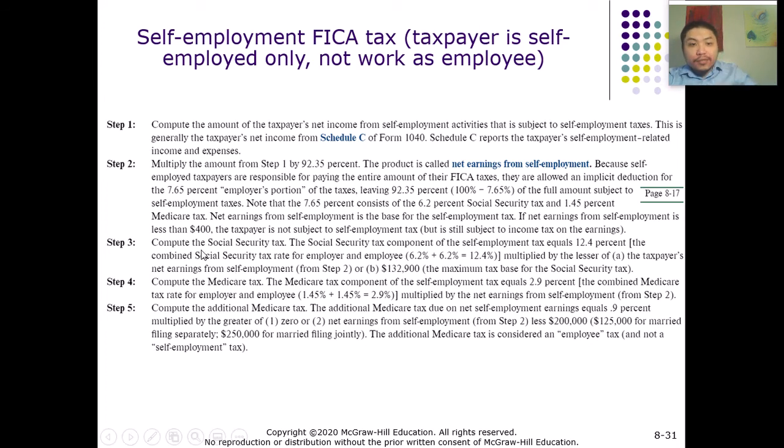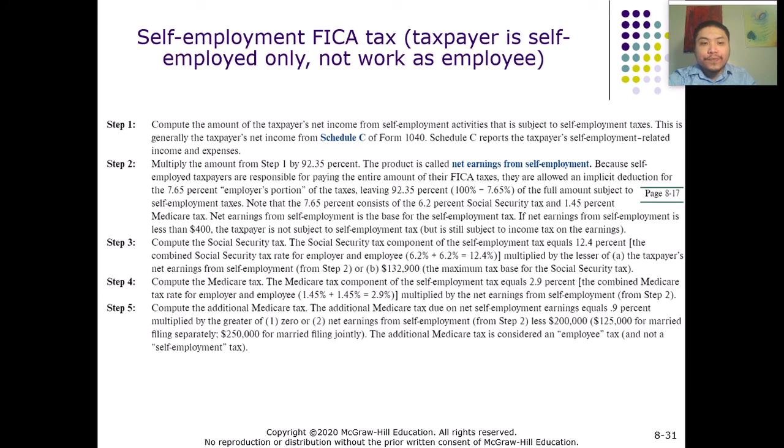Step 3 is now we start to calculate the Social Security tax. We apply the tax rate, and remember, after the taxpayer already deducts the 7.65%, they already take out the 7.65% of the net income. Now with the new base, they still have to pay both the employee part and the employer part of the FICA taxes.